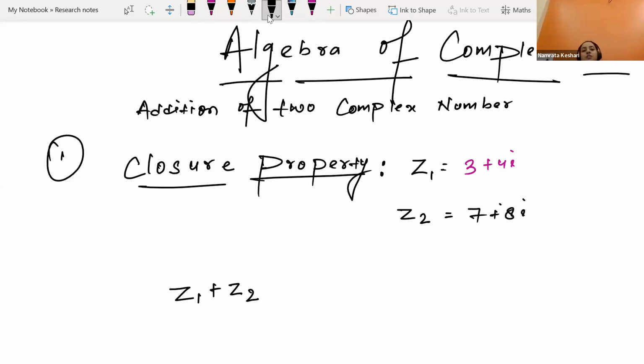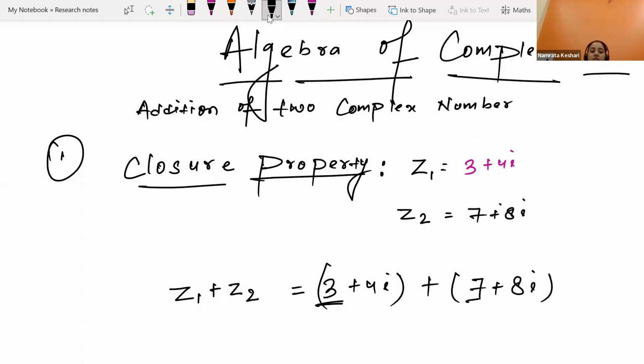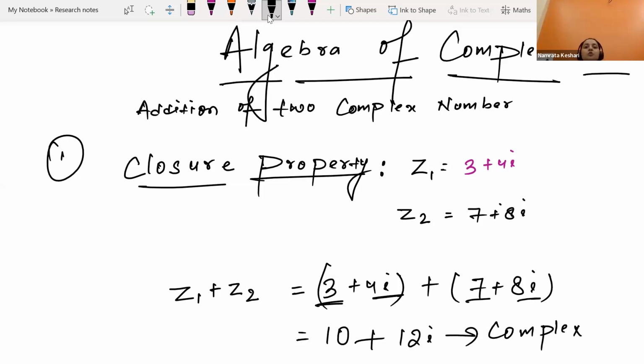Then the addition of these two complex numbers, z1 plus z2, we can do like this: 3 plus 4i plus 7 plus 8i. Here we can add the real part with the real part, that is 10, and the imaginary part with the imaginary part, that is 12i, which is again a complex number. So the closure property says that when we add two complex numbers, the result will also be a complex number.